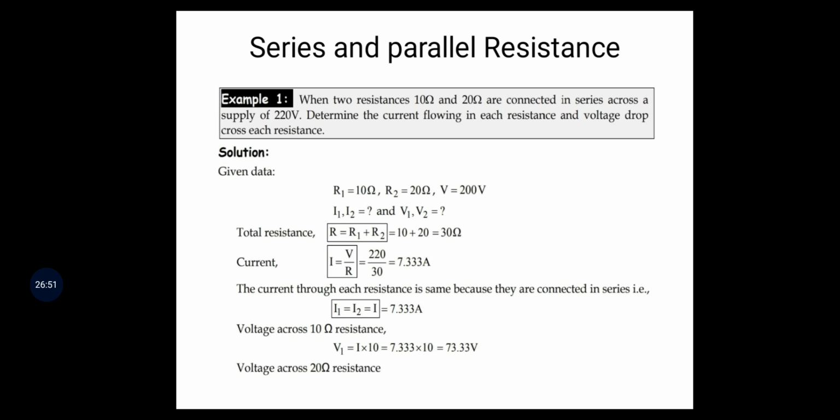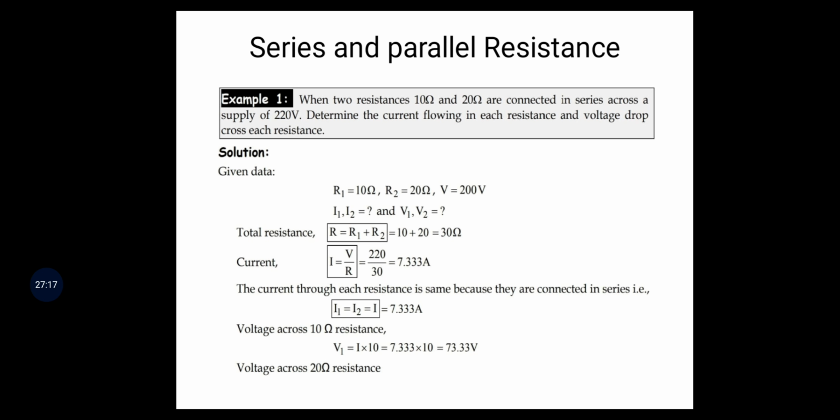Next we calculate the voltage across each resistance. The voltage across the 10 ohm resistance is V1 equals I into 10, that is 7.33 into 10, which is 73.3 volts.